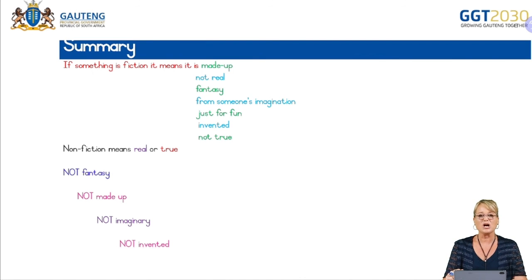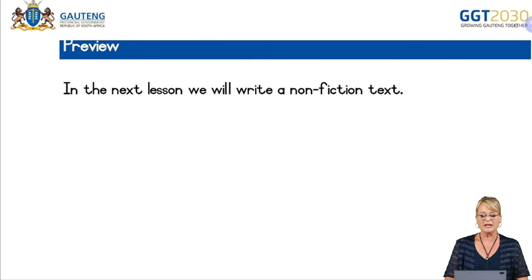What about non-fiction? It means real or true. It is not fantasy. It's not made up. It's not imaginary, and it's not invented. I think you know the difference now between fiction and non-fiction. Good. In our next lesson, we will then write a non-fiction text.